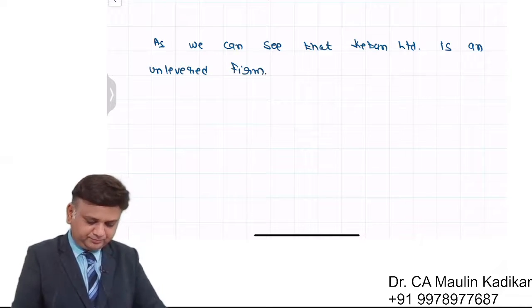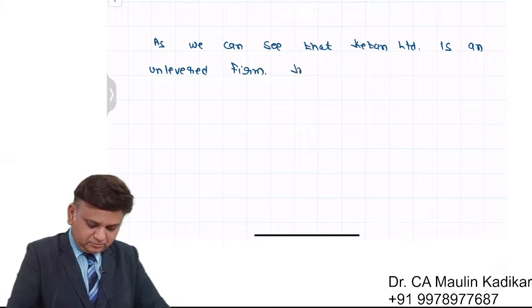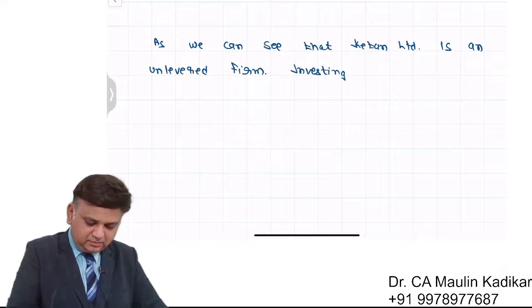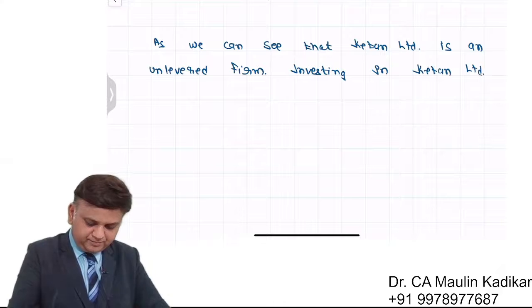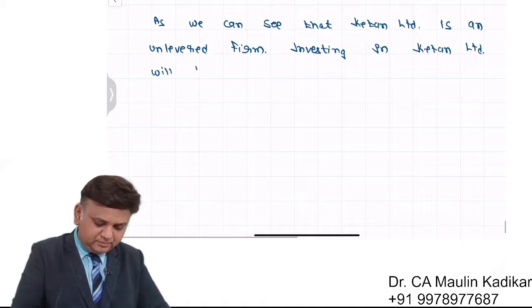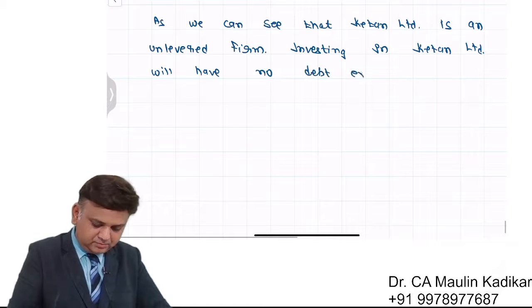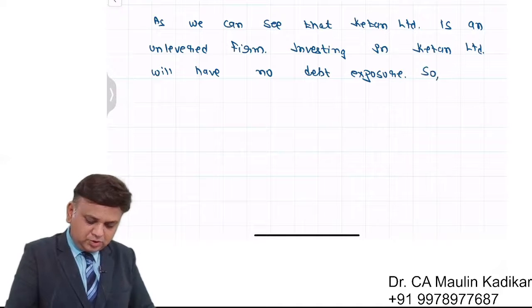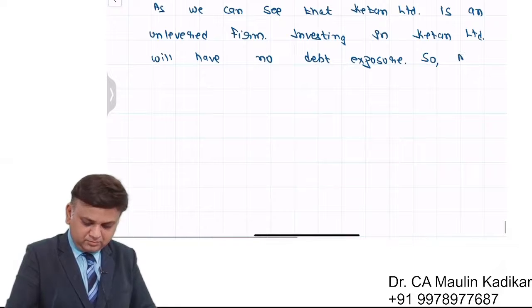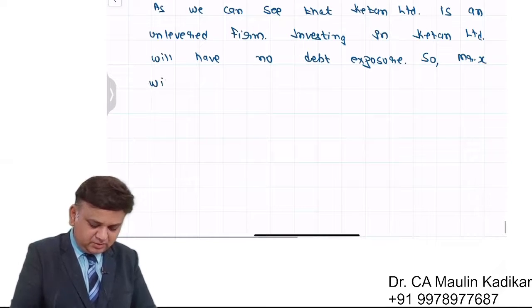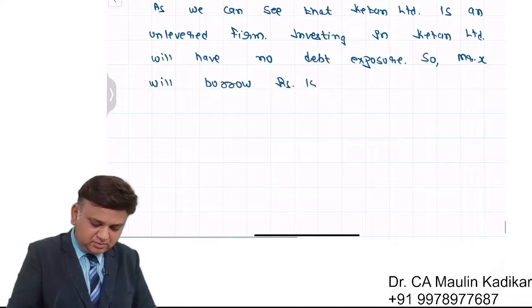Full stop. Investing in Ketan Limited will have no debt exposure. Full stop. So Mr. X will borrow rupees 15,000 at the rate of 14%.